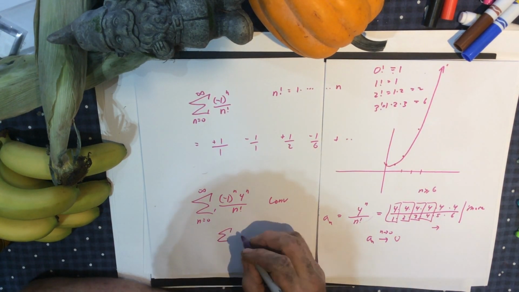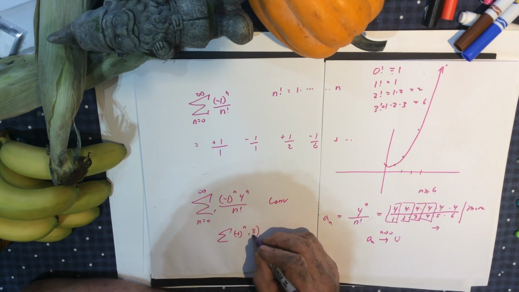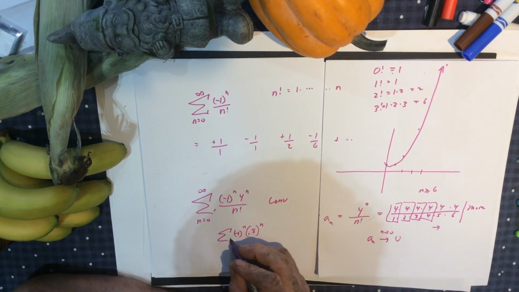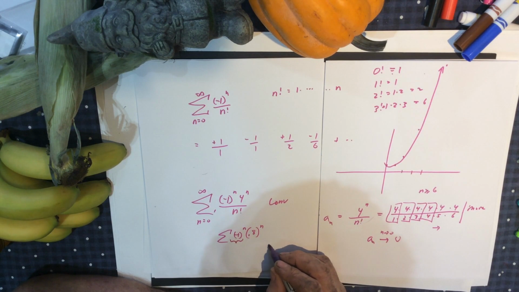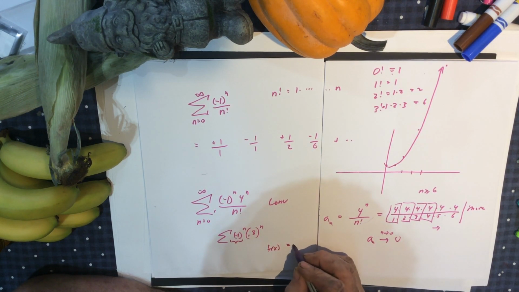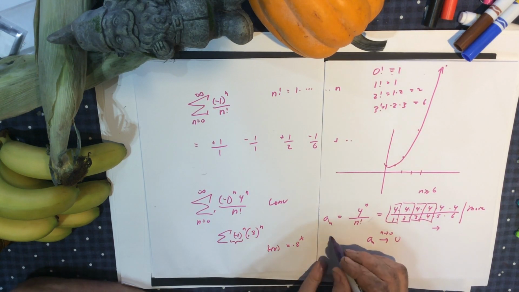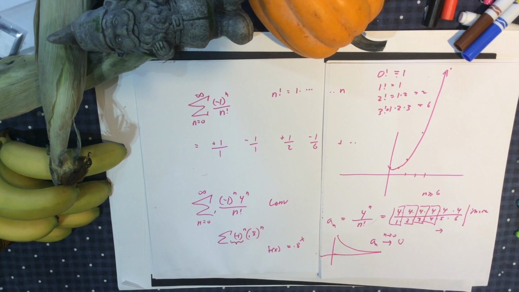So here, if this is the series I want to look at, well, I just observe that this is an alternating series, so I ignore that, and I just graph this function. And I ask, does it get small? And when you graph that function, sure enough, it goes to 0, so I know that this converges.